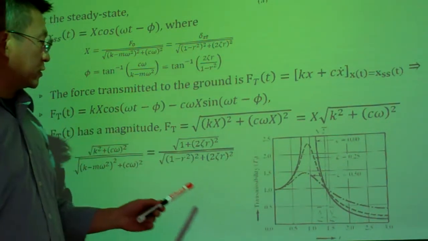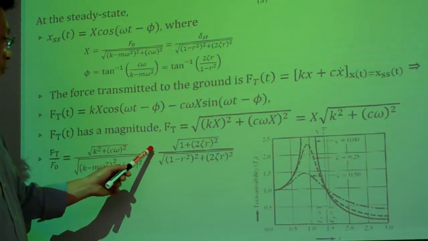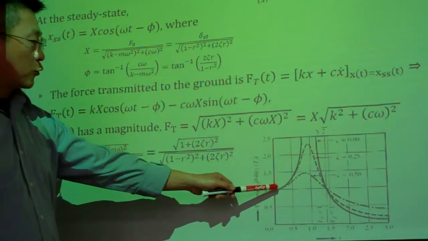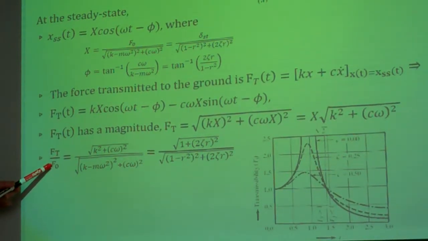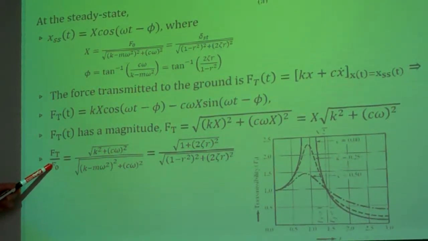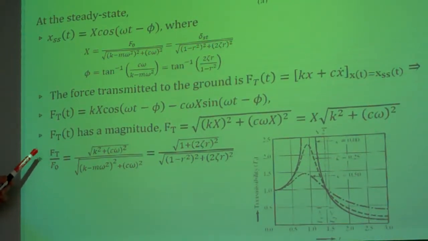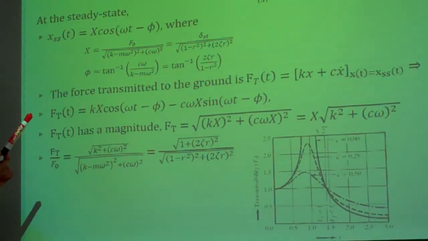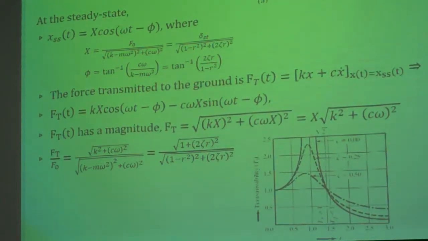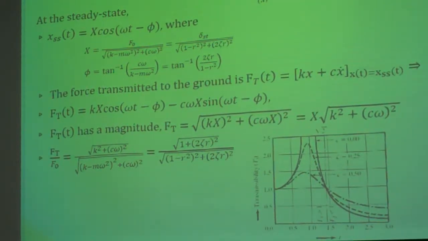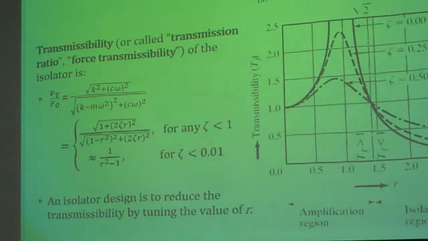This graph simply documents these complicated equations, okay? And this graph is defined by this ratio, and this ratio is called the force transmissibility, and that is the answer. So that is our next page here. I summarize it in the next page.